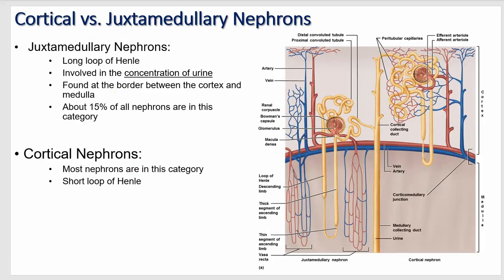Okay, so two different types of nephrons overall. Juxtamedullary. The key word here is medulla. Okay, so they have a very long loop of Henle that dips down into the medulla. So the long loop of Henle is involved in concentration of urine. We were just talking about how water moves out of here. Most of the water and nutrients move out right away in the proximal tubule, and salts and glucose, most of that stuff moves out right away.